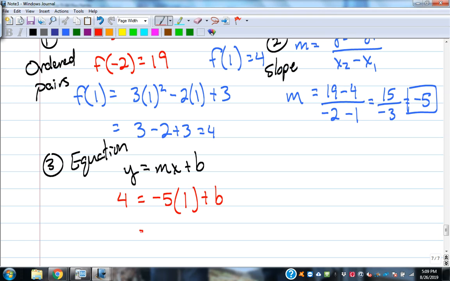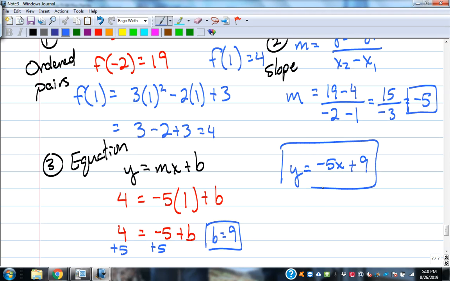Work this out. Get b. That's going to be -5 plus b equals 4. I would add 5. That works out nice. b is equal to 9. So the equation is y equals -5x plus 9. That is our secant line.